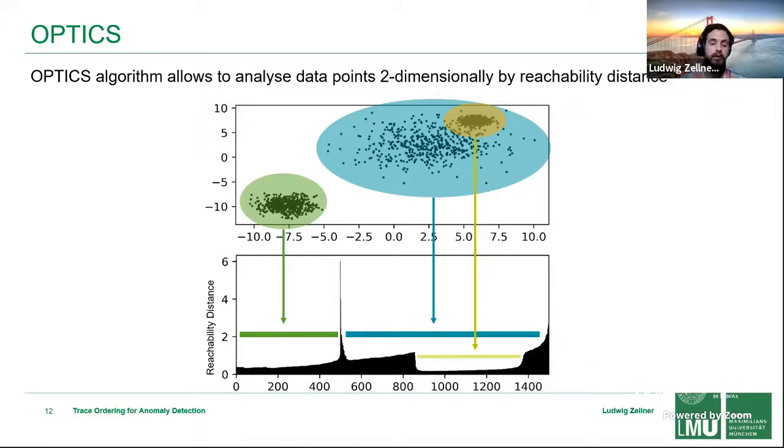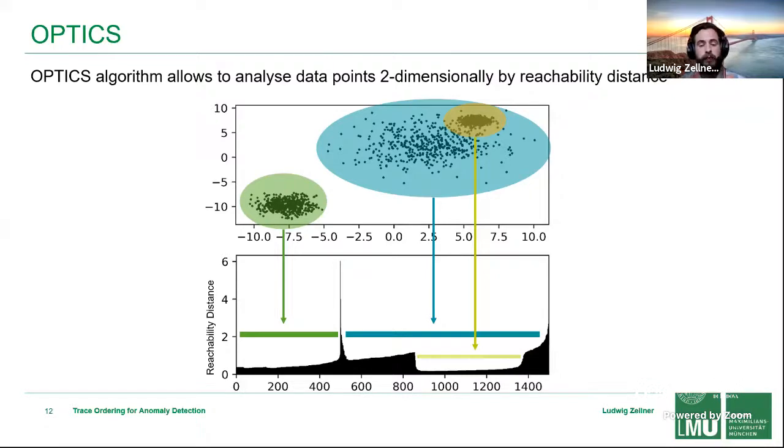And then we use a priority queue to process each point by its reachability distance. And therefore, the result is a plot with the data points on the x-axis and the reachability distance on the y-axis, which you can see on the bottom of the slide.